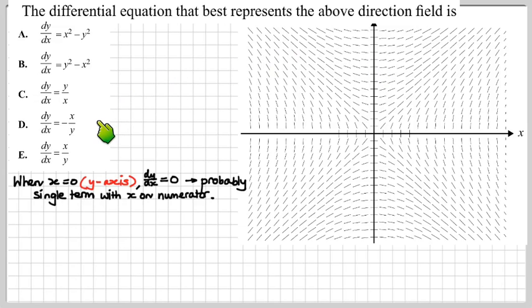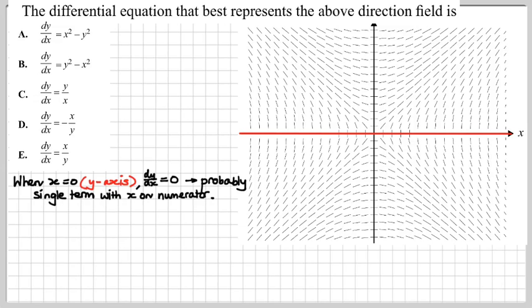So I'm getting suspicious that this could be right. That wouldn't be right, because when x is 0, the gradient is 0 no matter what the value of y is, right? So that can't be right. And similarly this one, they can't be right. They're out of the running. This is wrong. It's either this one or this one, right?